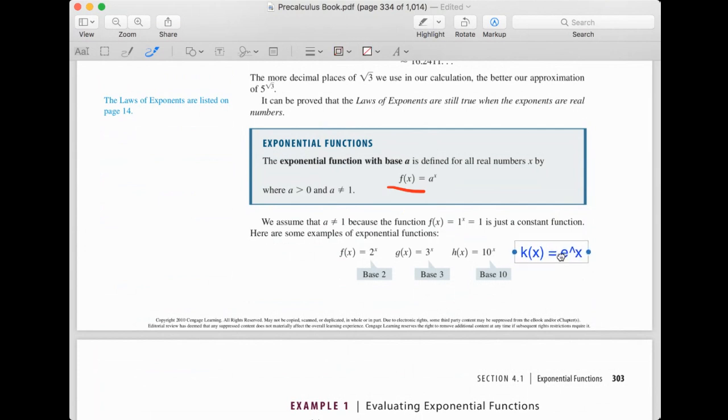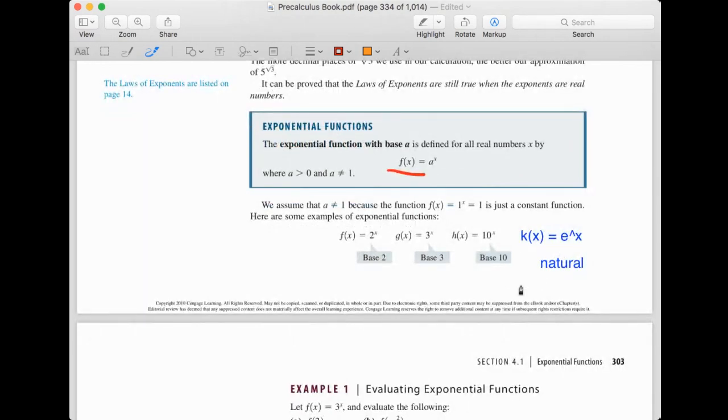This e is called the natural base. When you go to calculus class, this happens a lot. E is the Euler number, so we call this a natural base. E is 2.718..., just like the number pi. E is an irrational number.